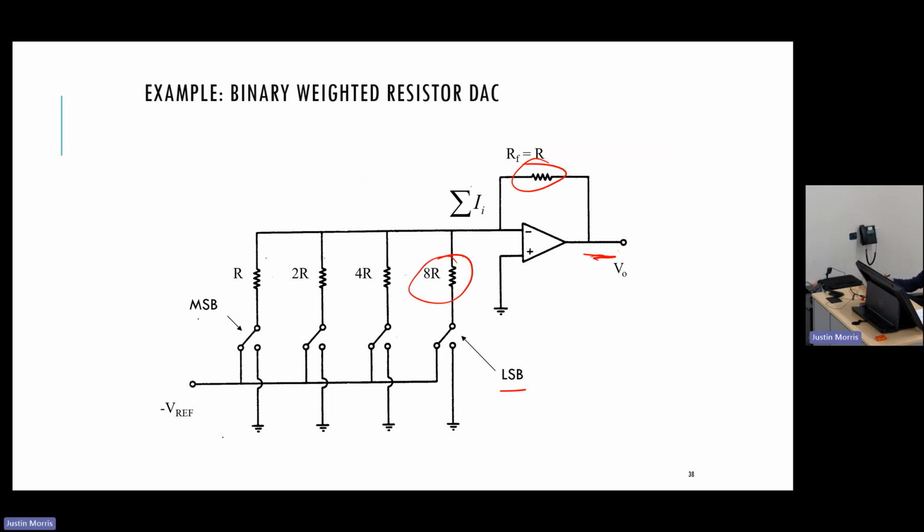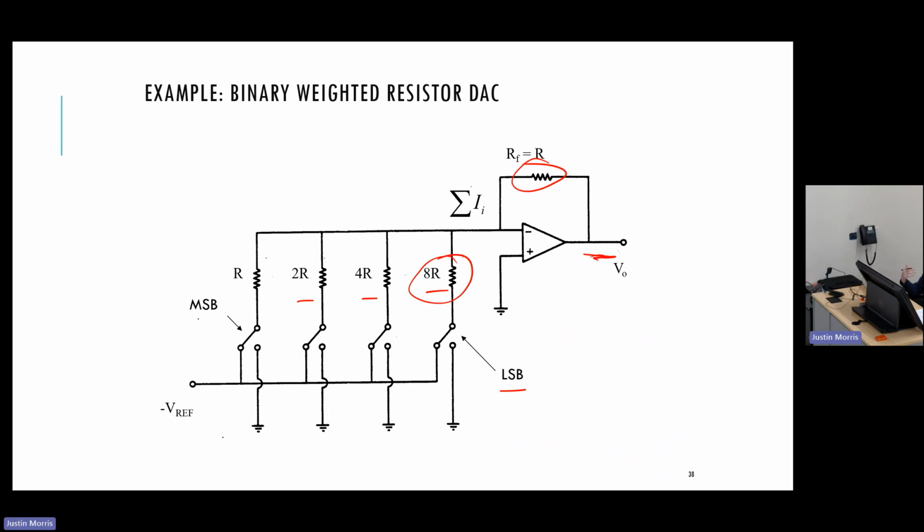If this one is connected, 1/4 is. If this one is connected, 1/2 is. And if this one is connected, it's proportional directly, right? So the proportion that the voltage scales by changes by 2 for each one of these steps.